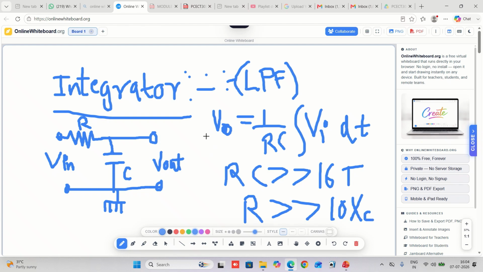These are the conditions to act as an integrator. The output should be the integral of the input, the RC time constant should be very much greater than 16T, and the resistance should be very much greater than 10 times XC.